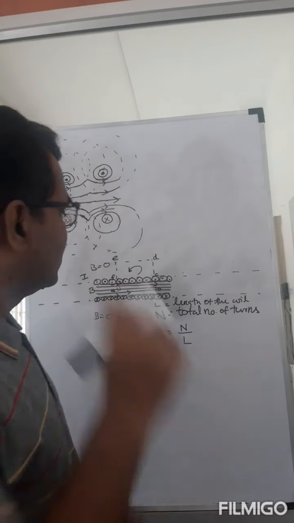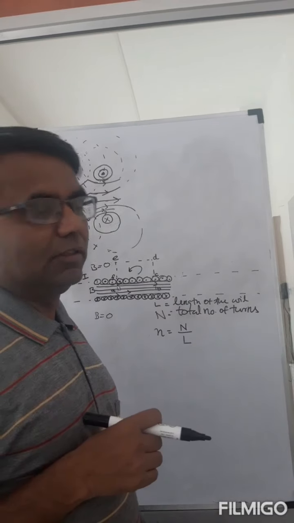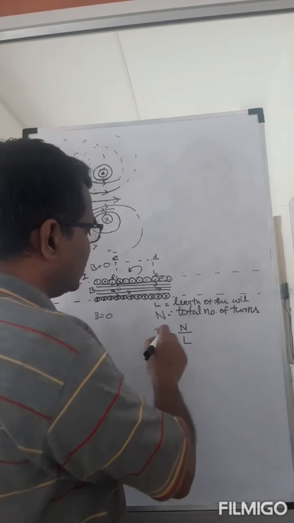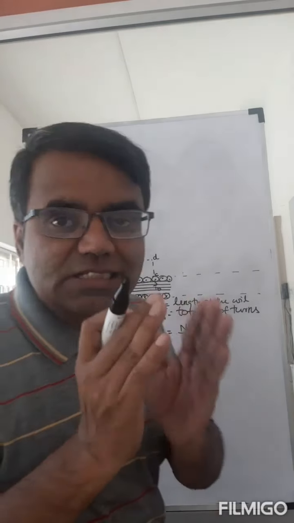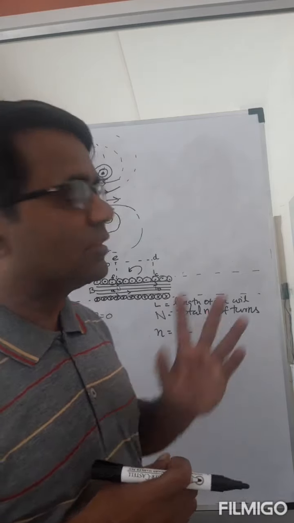So it's pretty big compared to the radius of the coil. So N by L will give you the number of turns per unit length.